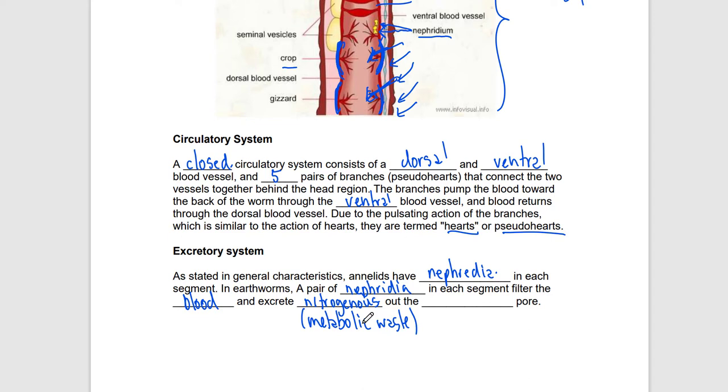Blood is traveling through those tissues and it's collecting up the waste from all of those tissues. And then, of course, it circulates to our kidneys, in which it pulls the waste out. In the earthworm, these nephridia extract those nitrogenous wastes and they dump them out into the environment through what's called an excretory pore.